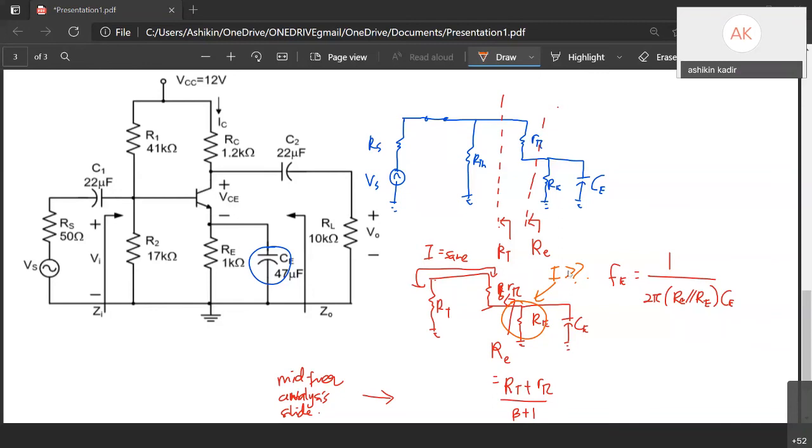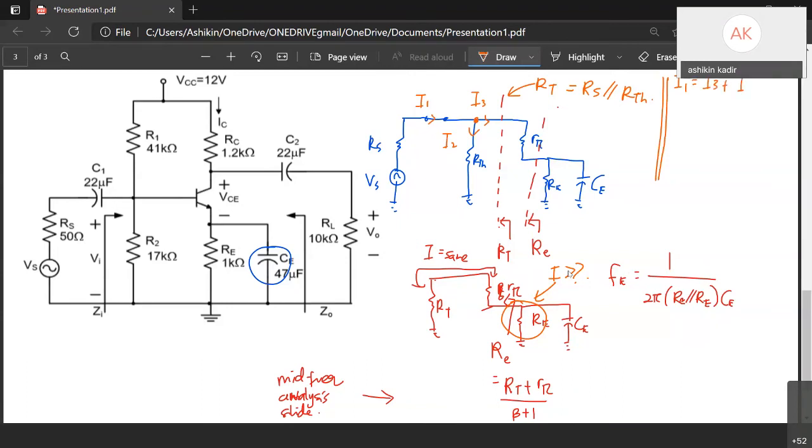If you are confused why it is like this, if you do KCL here: at RS, I label the currents as I1, I2, and here I3. So I1 equals I3 plus I2.